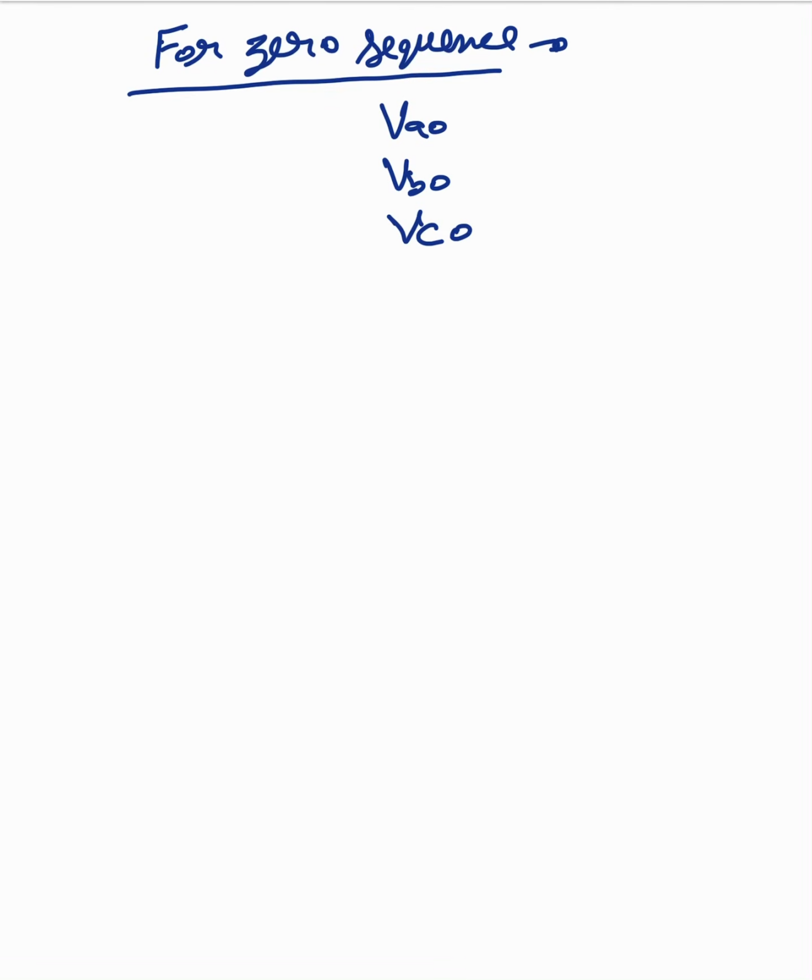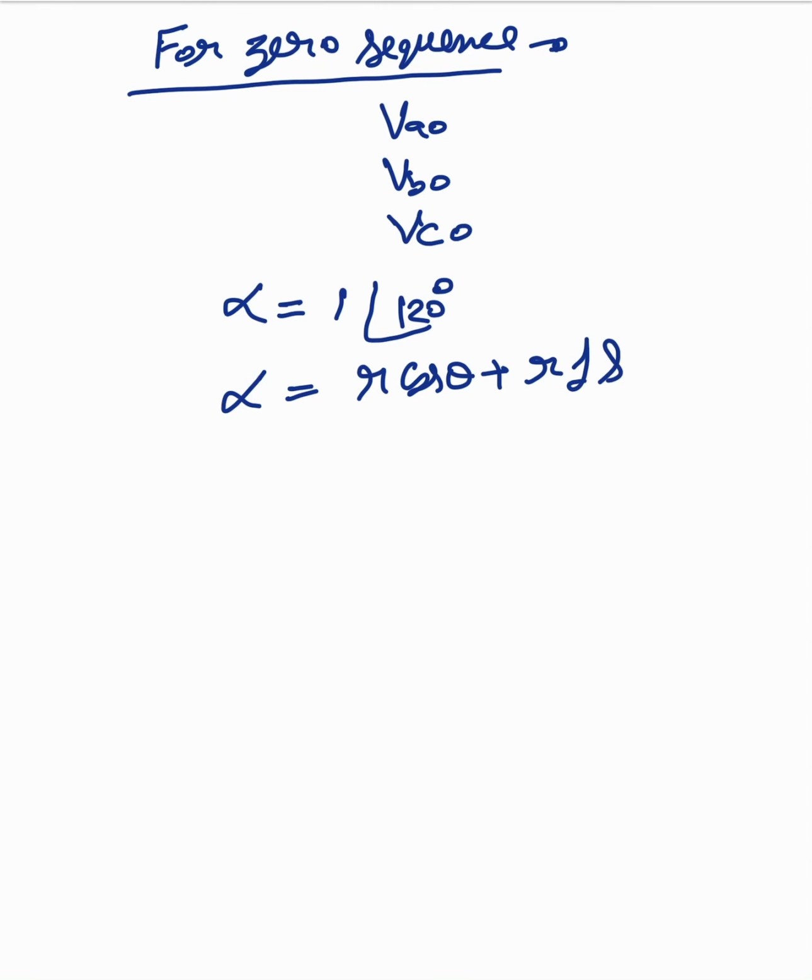And there is the operator alpha. Alpha is basically 1 angle 120 degrees, and alpha is equal to R cos theta plus R J sin theta. R is equal to 1 because the magnitude here is 1.